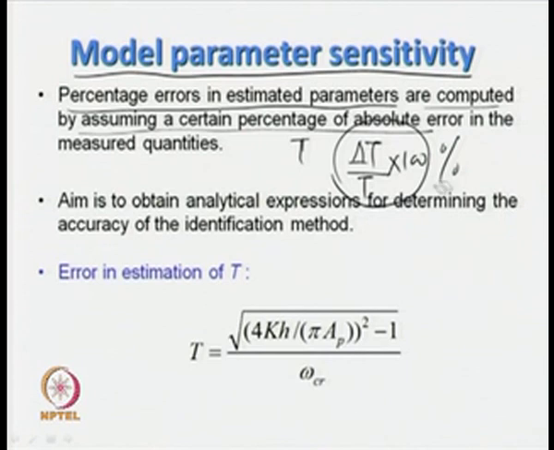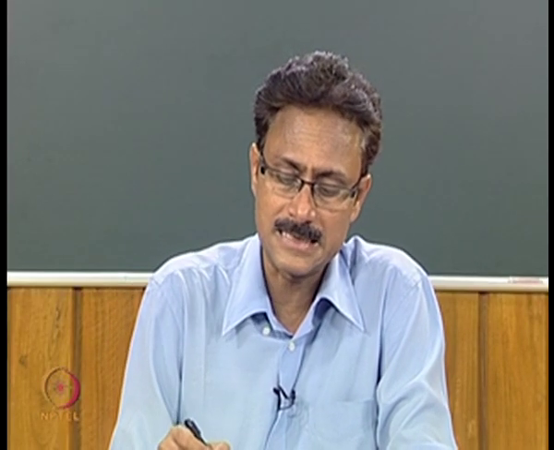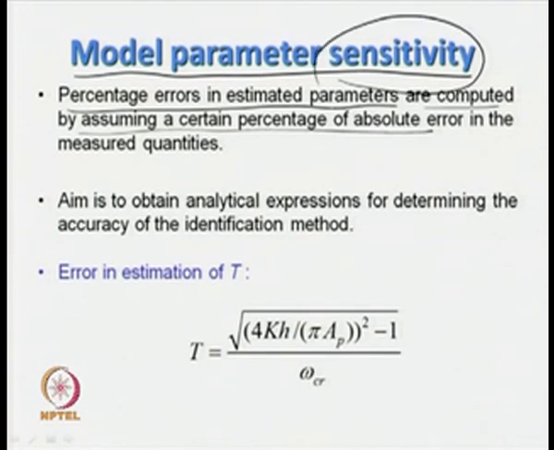This is how you can find the errors, particularly the accuracies of the transfer function model parameters. Now, the same can be extended to find the sensitivity of the transfer function model parameters.